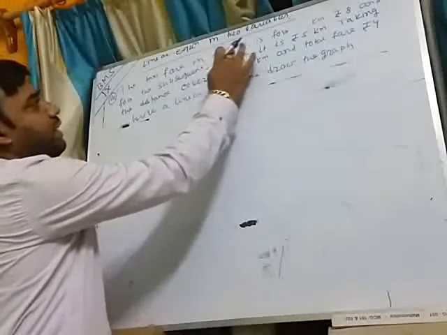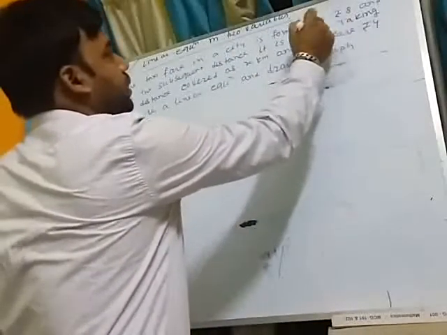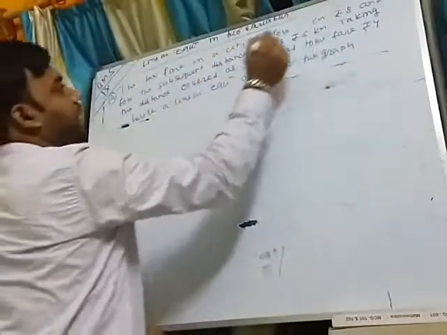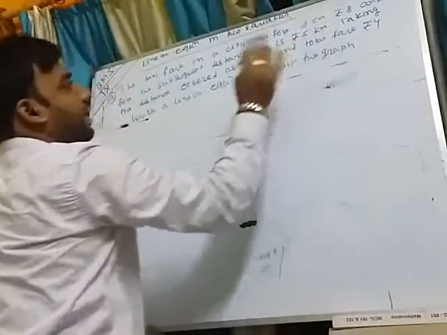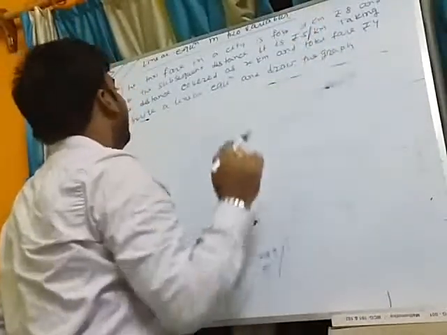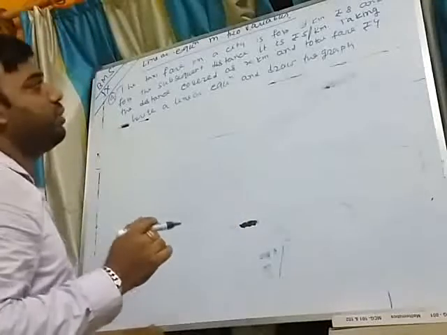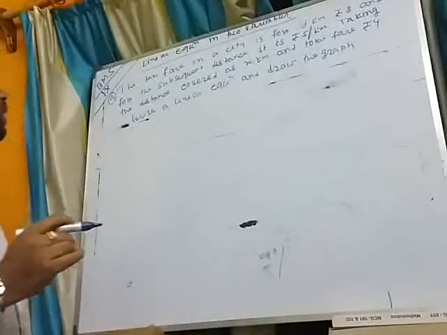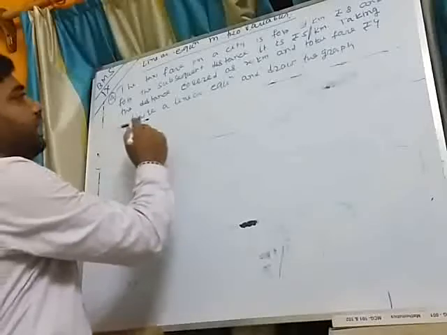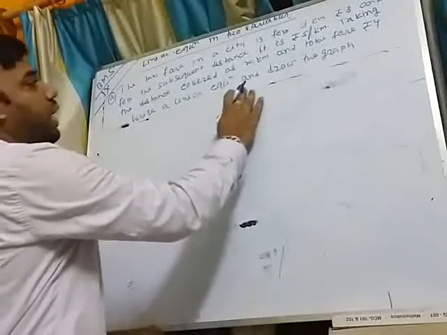Coming to question number 4: the taxi fare in a city is rupees 8 for the first kilometer, and for the subsequent distance it is rupees 5 per kilometer. Taking the distance covered as x kilometer and total fare as y, write a linear equation and draw the graph.